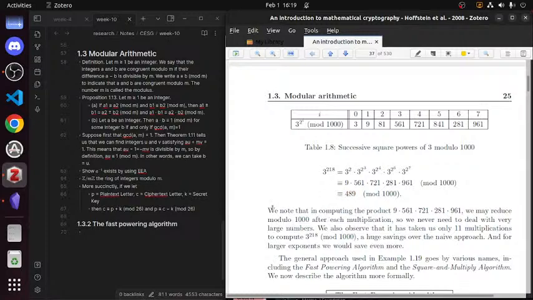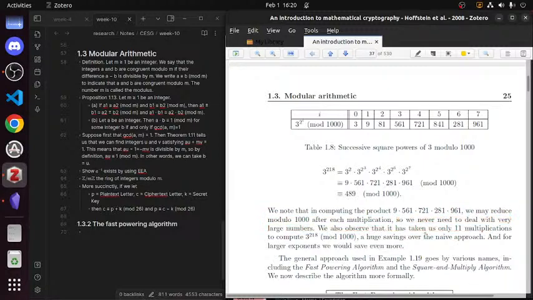At the end, we note that in computing the product 9 times 561 times 721 times 281 times 961, we may reduce modulo 1000 after every multiplication, so we never have to deal with very large numbers.